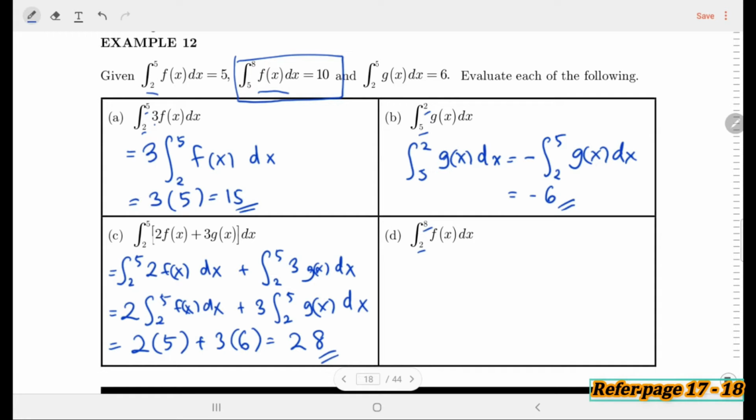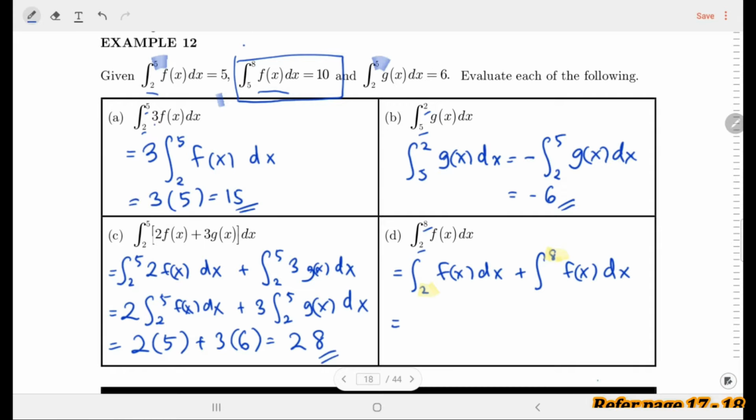We could extend the function into the integral from 2 of the function dx plus, the upper limit given in the question, 8 of the same function. So now we look at here. The lower limit 2 and the upper limit 8, the same as the question. We only have 2 to 5 and then 5 to 8.